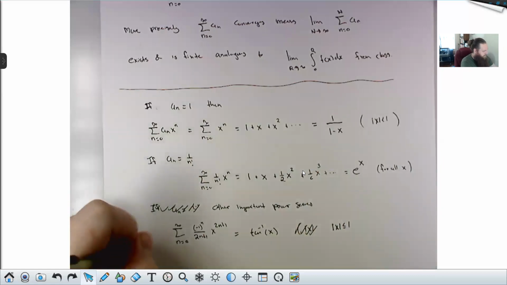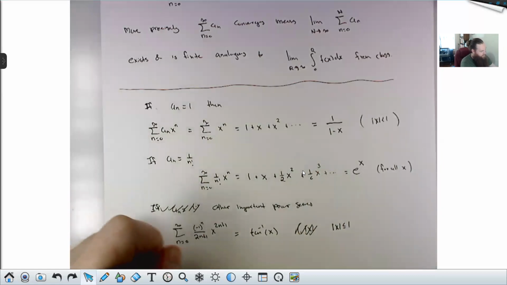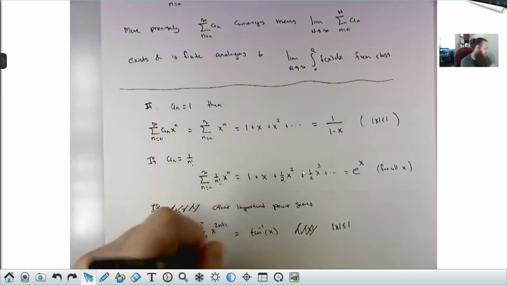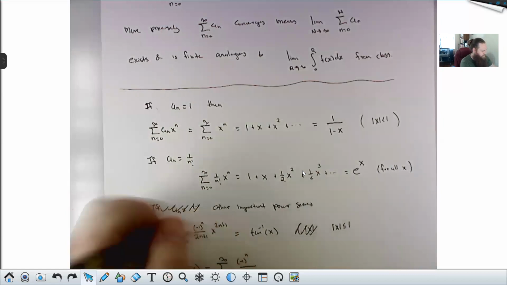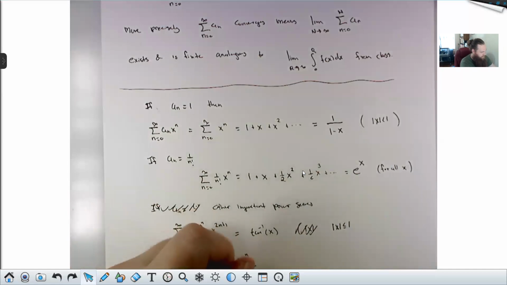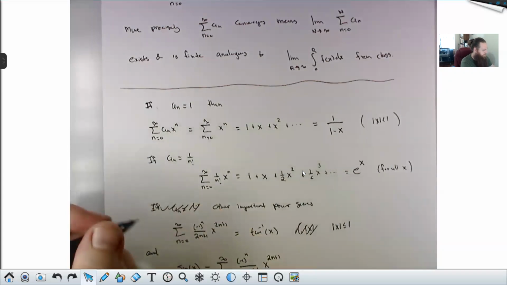And the sine and cosine series. Sine x, negative 1 to the n is very similar to this, only you've got a factorial downstairs. Factorial x to the 2n plus 1.